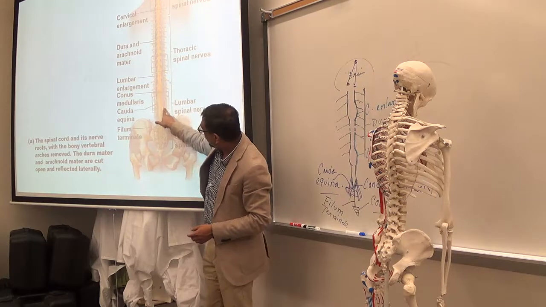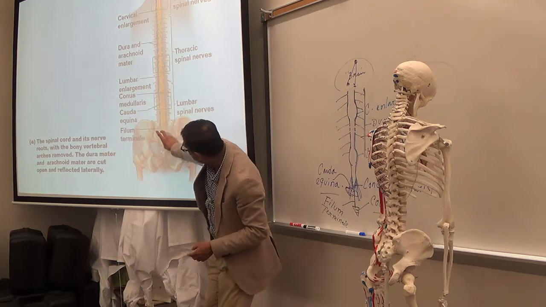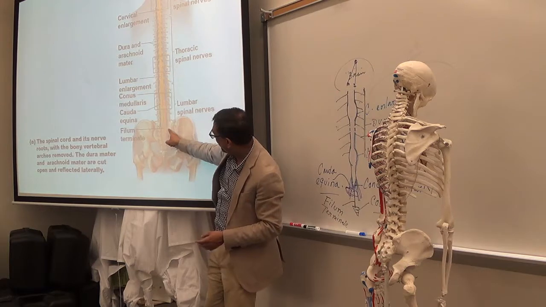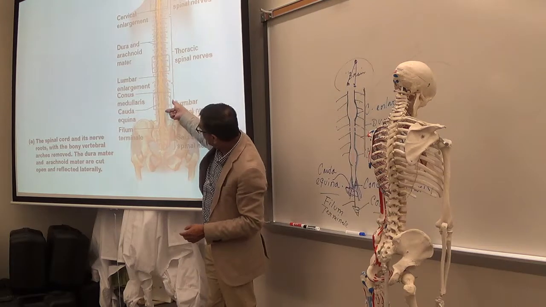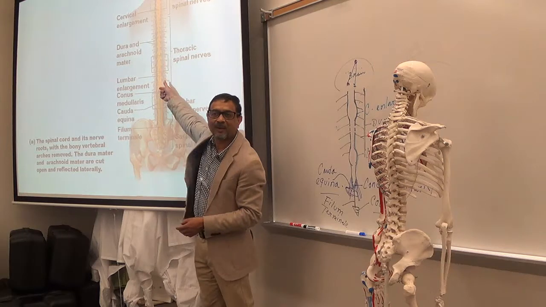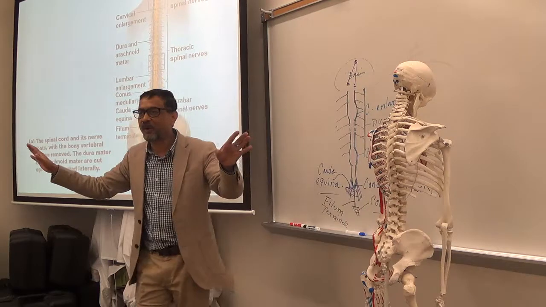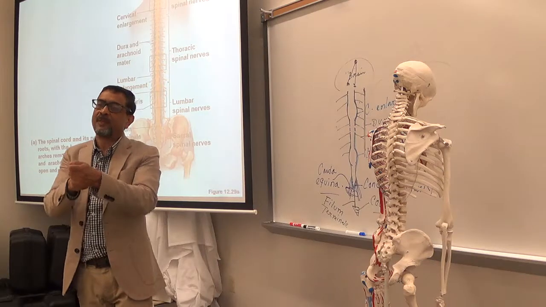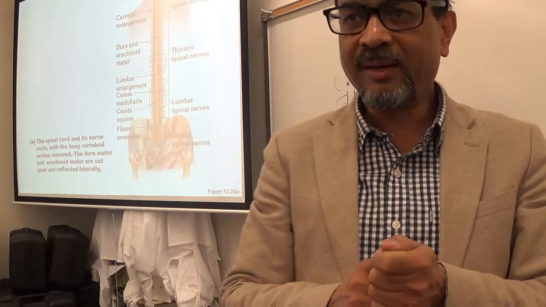But the dura mater, arachnoid mater, pia mater, they continue all the way down. And the fluid also is present all the way down here. So that's why we insert the needle below lumbar 2. You have fluid there, but you don't have a spinal cord there. Make sense? Below lumbar 2, definitely spinal cord is not there, but fluid is there. So lumbar puncture is done at lower lumbar level, lower lumbar area.